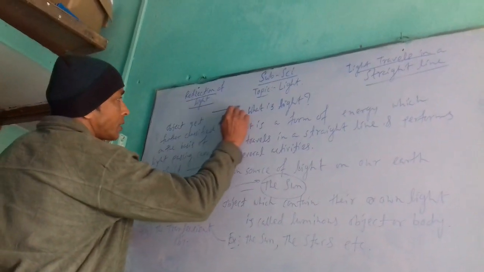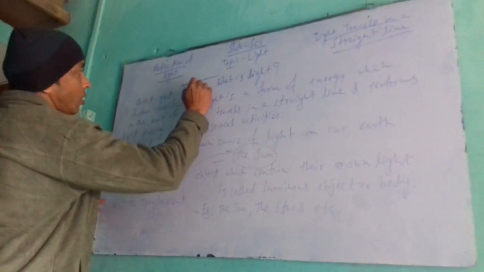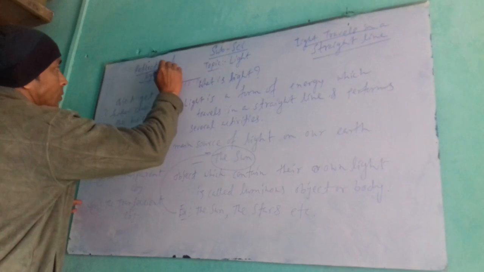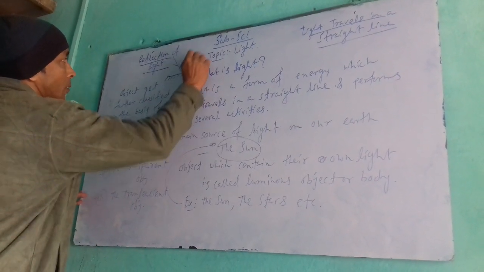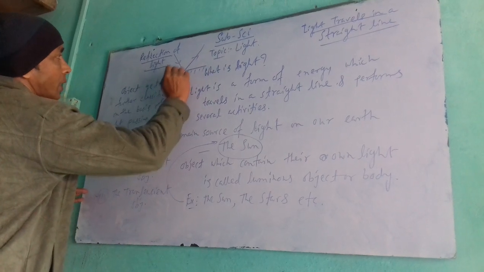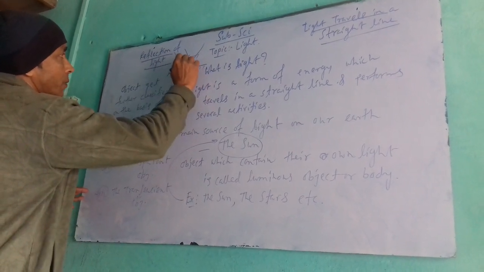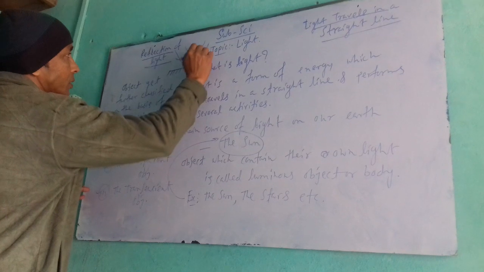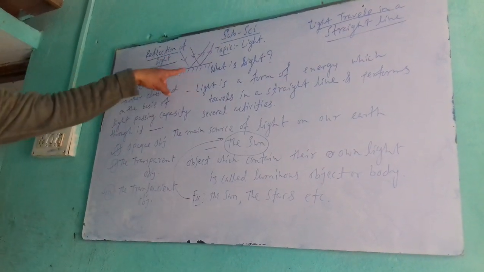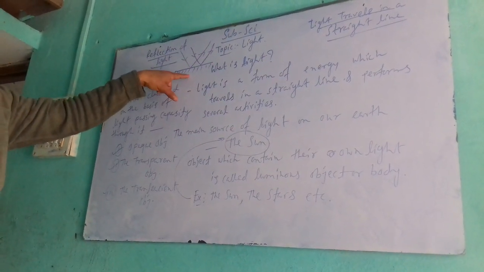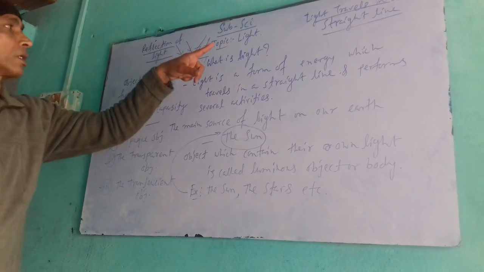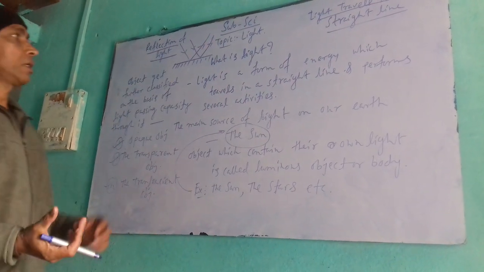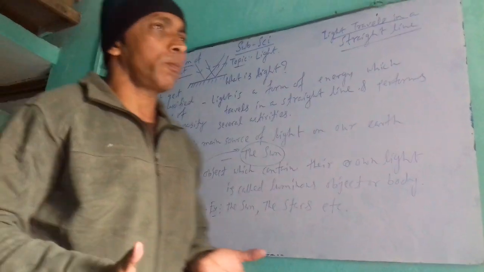That means this is a smooth surface or reflector. The light ray falls on the surface and goes back to the opposite direction. This bouncing back of light from a smooth or rough reflector, going to the opposite direction in the form of a reflected ray, is called reflection of light.